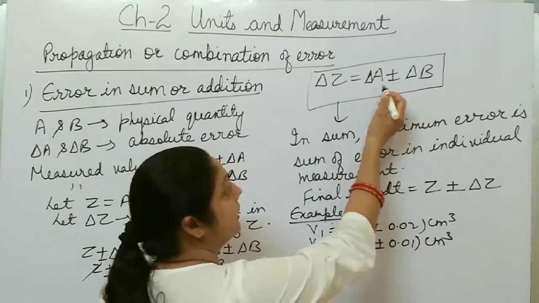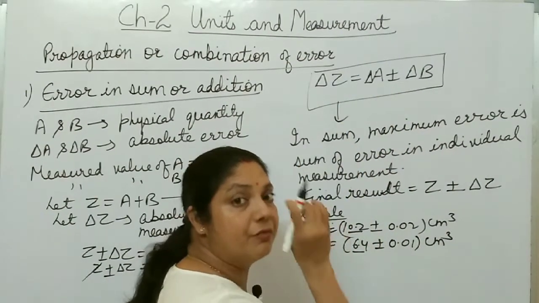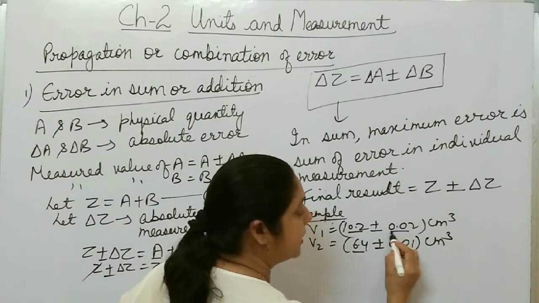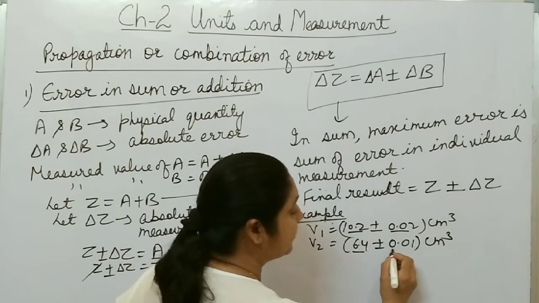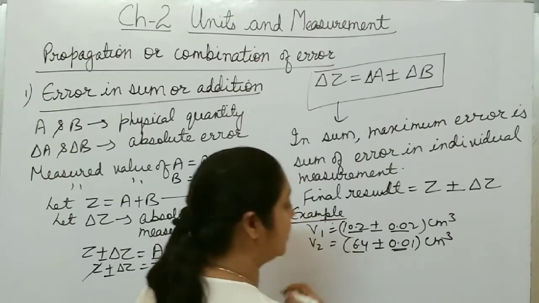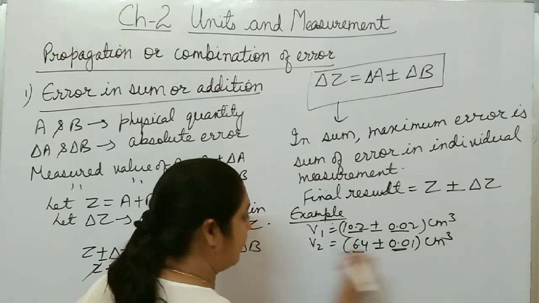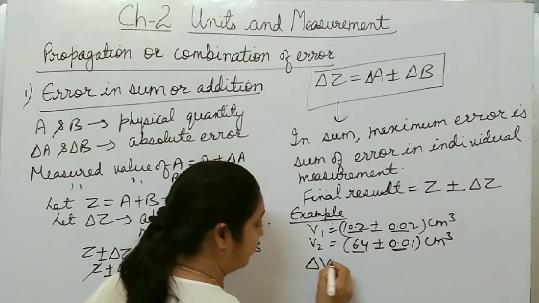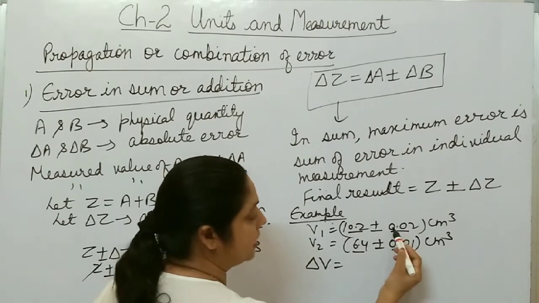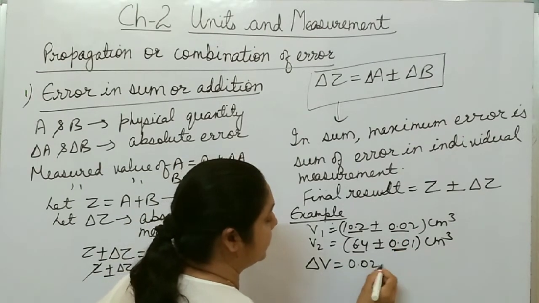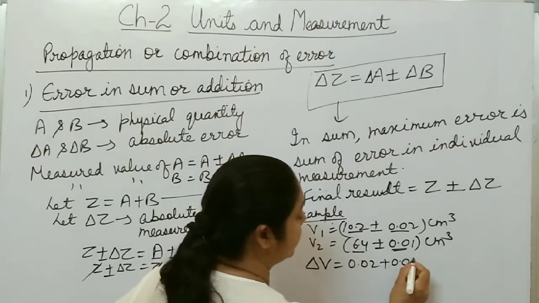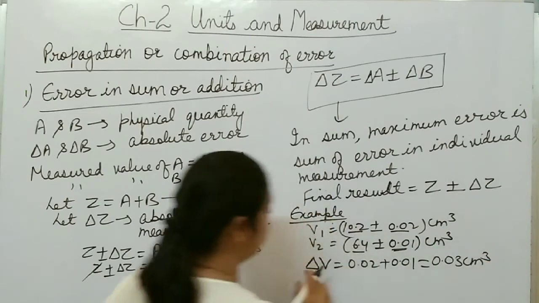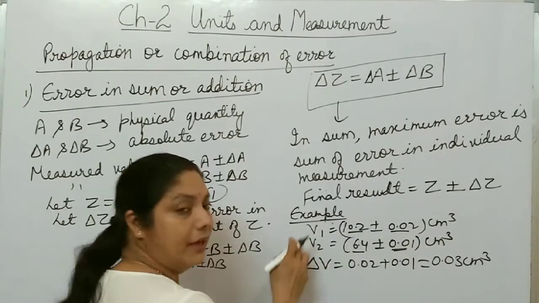Delta Z is delta A plus delta B, the sum of absolute errors in the individual measurements. In V1 the absolute error is 0.02 and in V2 the absolute error is 0.01. So first I calculate the absolute error: delta V is 0.02 plus 0.01, which becomes 0.03. This is the total absolute error when you add these two.